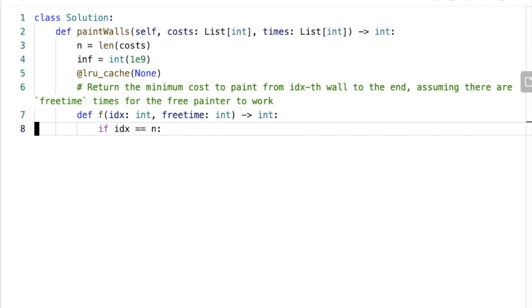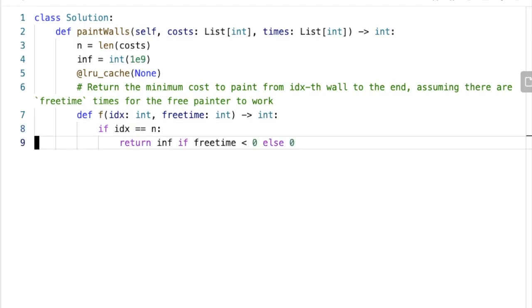And then first, we're going to do some base case checking. First, if the index reaches the end, it means there's no more wall remaining for us to paint. If the free time is still negative, it means that we borrowed some free time previously, and hopefully we will pay it back later.